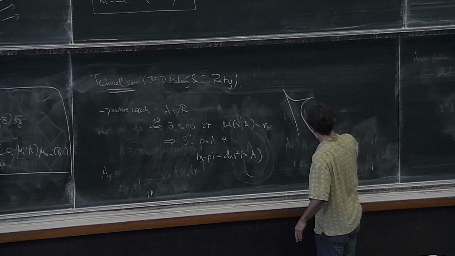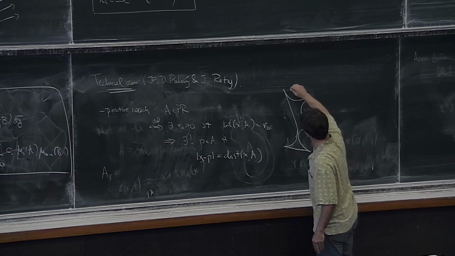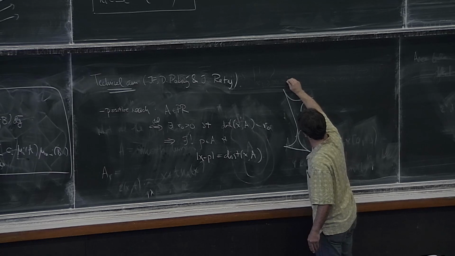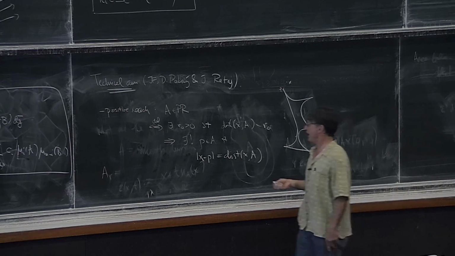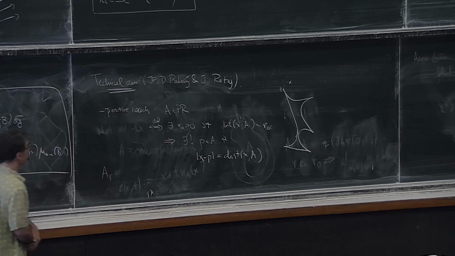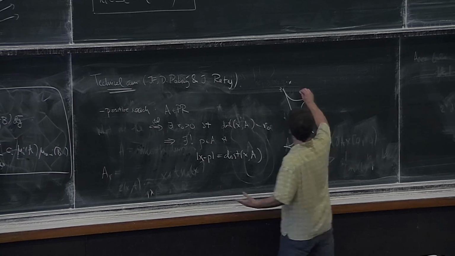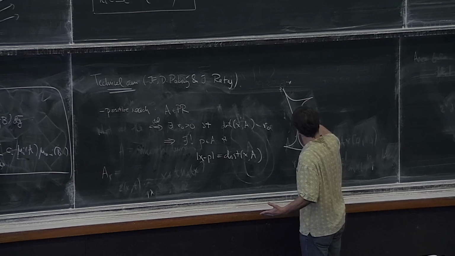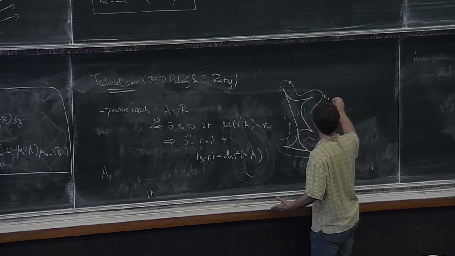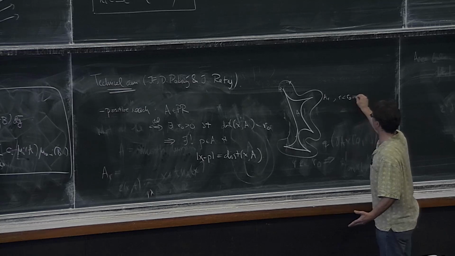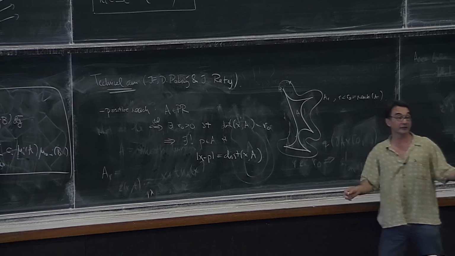So here's a picture of a representative set with positive reach. Here's the point. It's close. I can project it to that point. There's X. There's P. And in some way, I can replace this A with a little tube, as long as that little tube has some radius less than r naught, which is the reach of A. That tube is actually a nice, smooth domain.